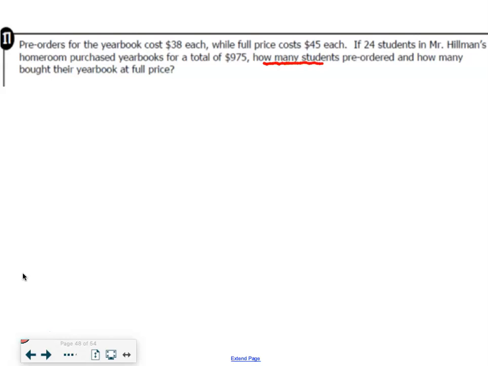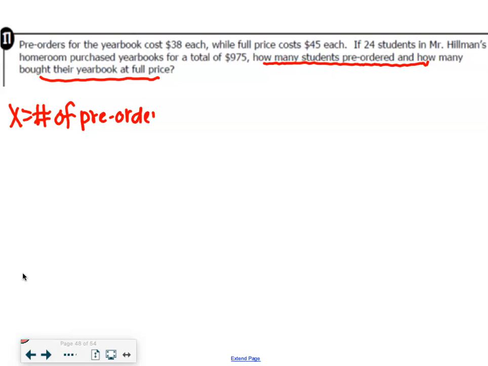How many students ordered a pre-order or paid full price? So X equals number of pre-orders, Y equals number of full price.